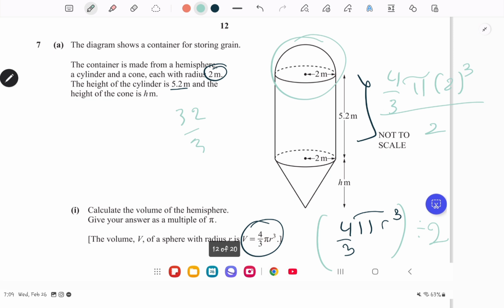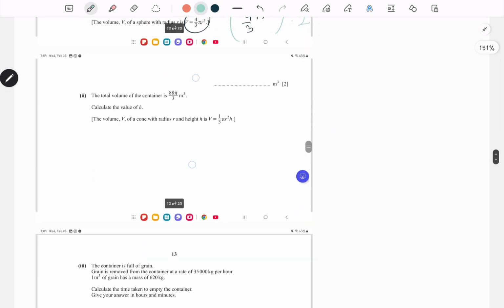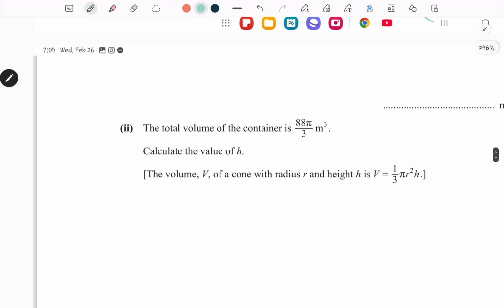And if you divide the answer by 2, you are going to get an answer of 16/3 pi. So very simply, the volume of the hemisphere is 16/3 pi. We move on to part 2.